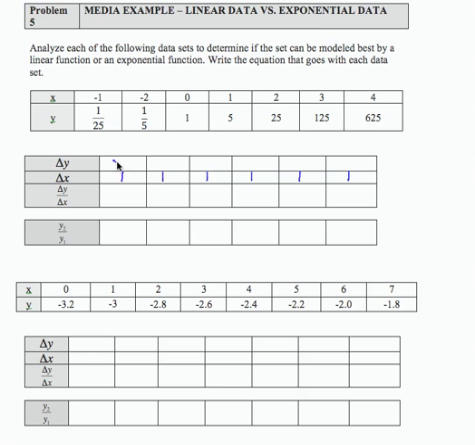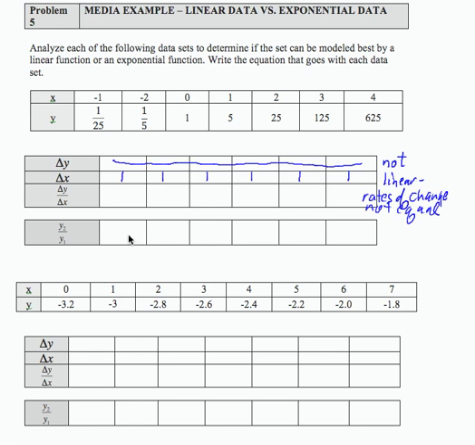These are not equal, so I'm not even going to waste my time and compute those values. I'm just going to look at this and say not linear, because the rates of change are not equal.